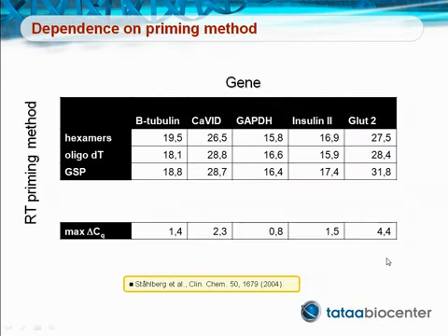Comparing the 3 RT priming strategies on 5 targets, we find that none is superior. Some genes are reverse transcribed at higher yield with random sequence primers, while others show higher yield with oligo-dT primers. The difference between the priming strategies can be a few cycles.